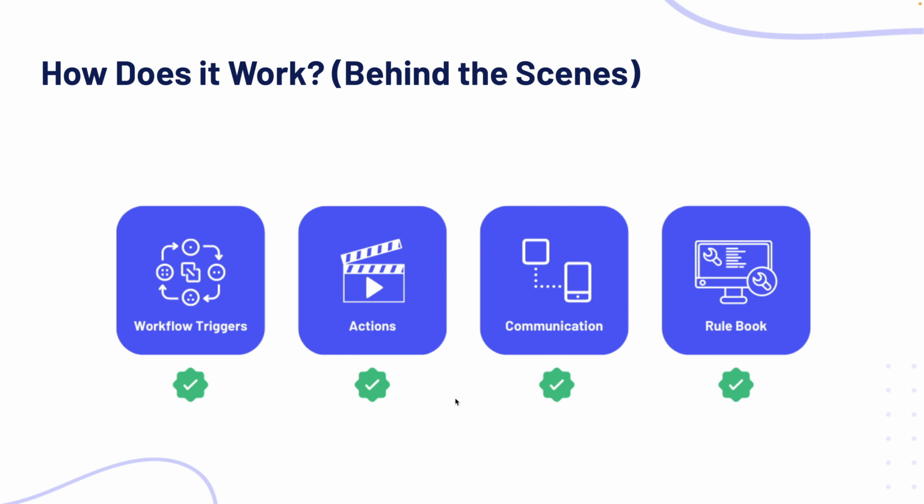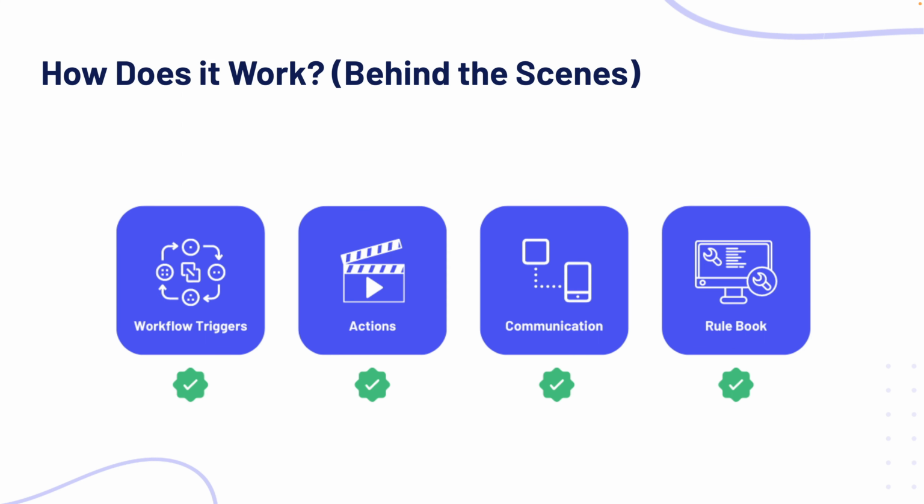So at this point, we have everything that we need. We understand what workflow automation is. We know how to identify when a workflow can be automated. And then finally, we know what happens behind the scenes. We have the triggers, the actions, there's communication happening, and there's a rule book and how Zapier has a role to play in all of this.